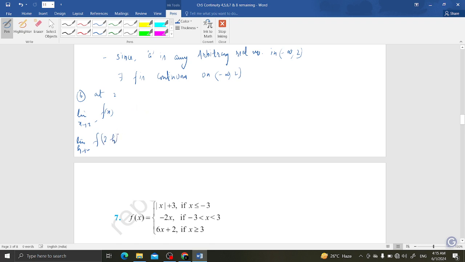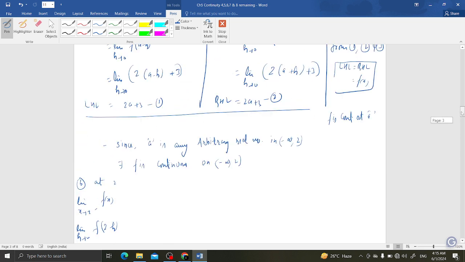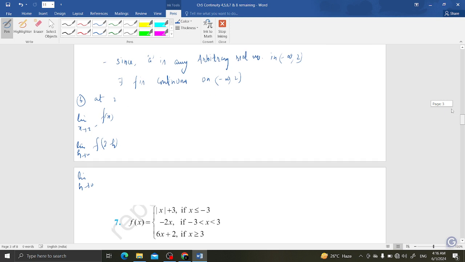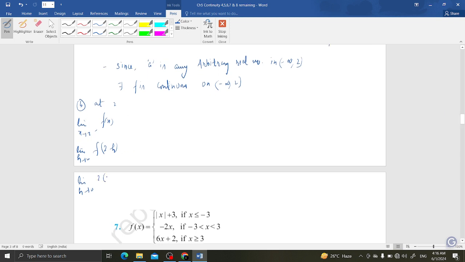For this 2 minus h, we need to use the upper function, that is 2 times 2 minus h plus 3. If we apply the limit we get 7, first equation.